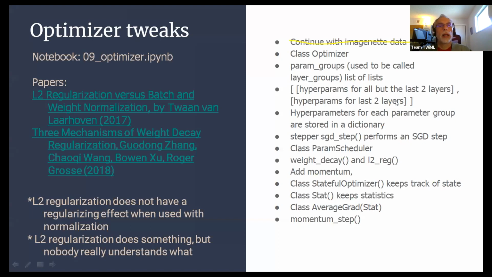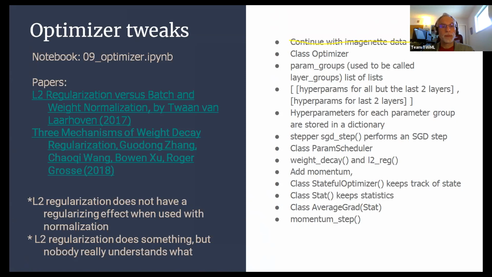And in what form are these hyperparameters stored? They're stored in a dictionary. So this is a list of lists, and each of the 2 lists inside of it has a dictionary in it, which holds the keys and the values for the hyperparameters. Does that make sense?